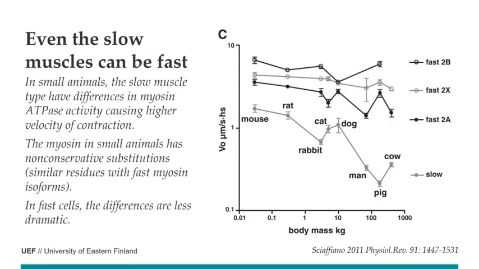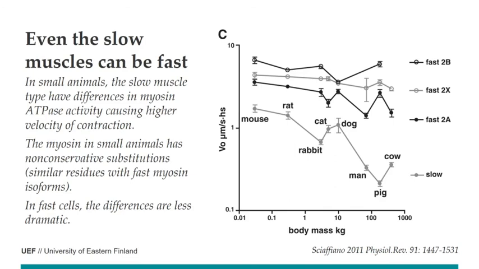And when we are comparing the fast cells, the difference is much less dramatic. In the type 2B fast glycolytic cell, it's about the same speed. In the 2X or even 2A, the change between the small and large animal might be maybe two times higher in the mouse versus in the cow, but nothing like it over here in the slow cells.